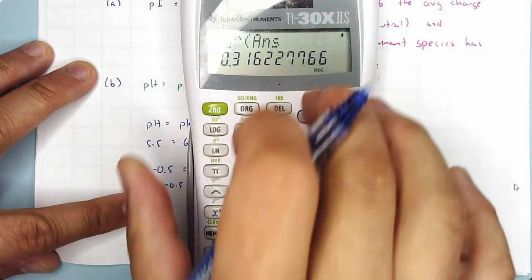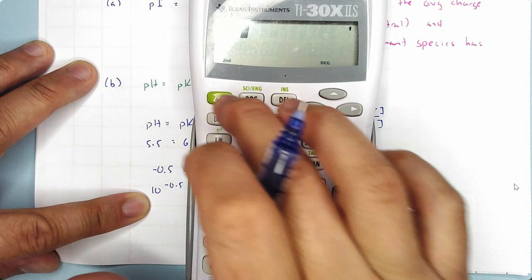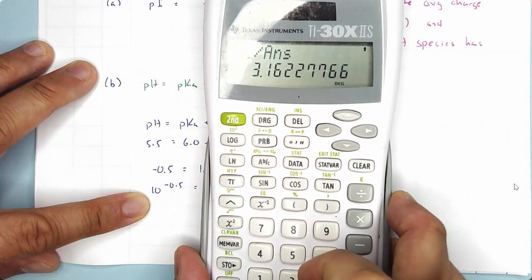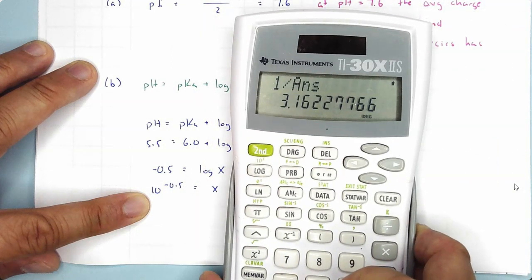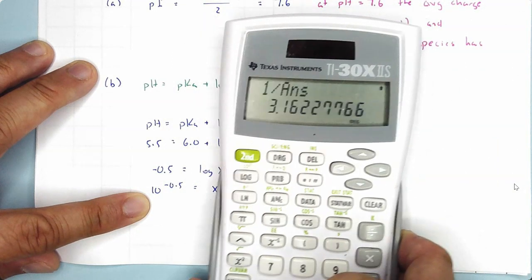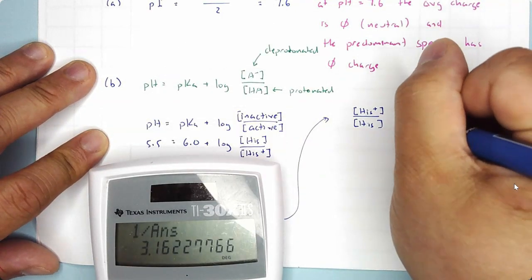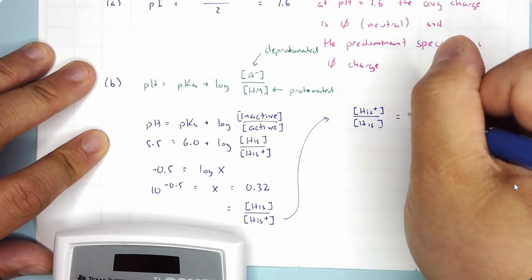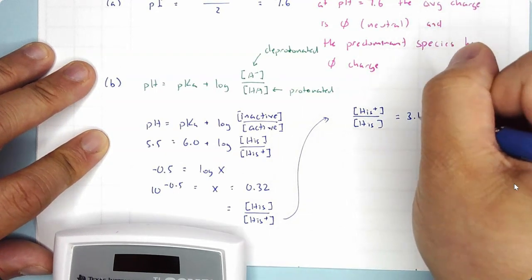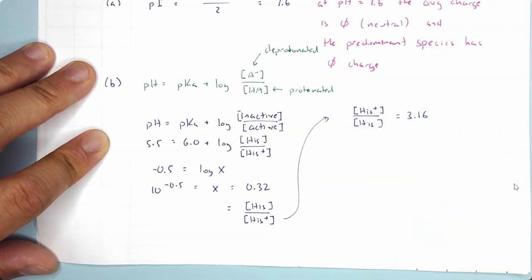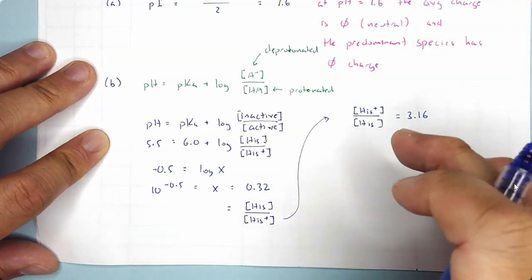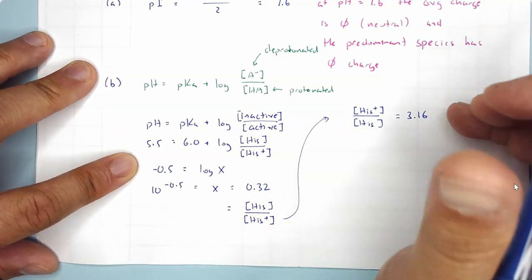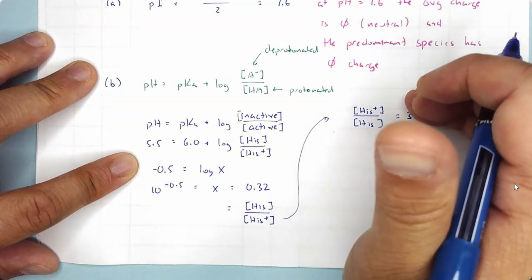And if we do 1, oh, don't do that. 1 divided by that answer, that's the inverse. Interesting. 3.16. Is that true? Interesting. 3.16. I wonder if that's coincidence. Oh, it's definitely coincidence. And so we have 3 times more of the active than the inactive.